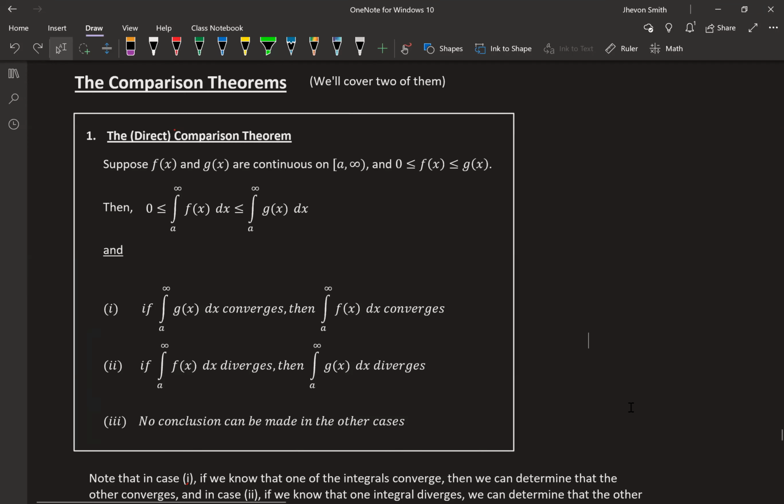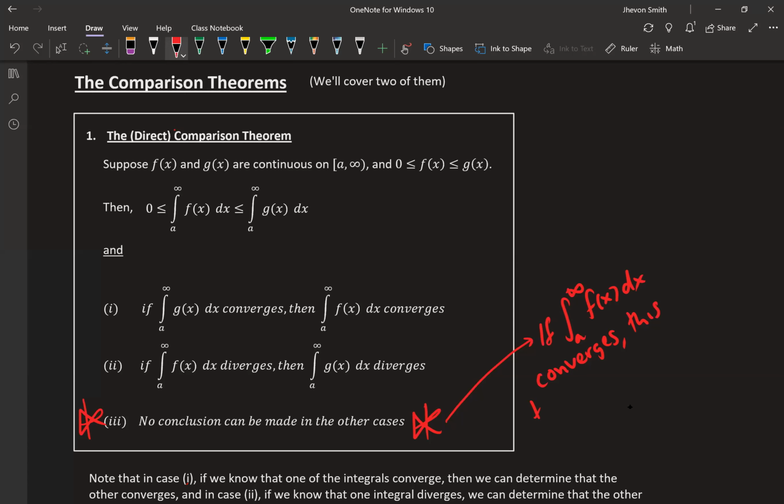And it turns out, and this is actually very important, let me actually color this one and I'll leave it colored. You cannot make any conclusions in any other case. That is often something that students forget. What do I mean? What if the smaller one converges? So in other words, this is saying if the integral of f converges, this tells us nothing about g.